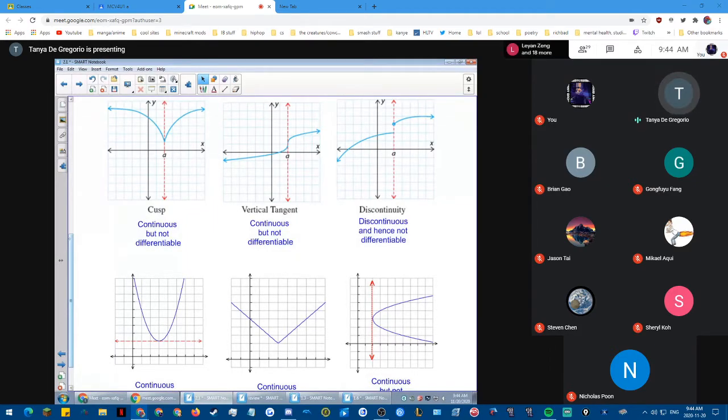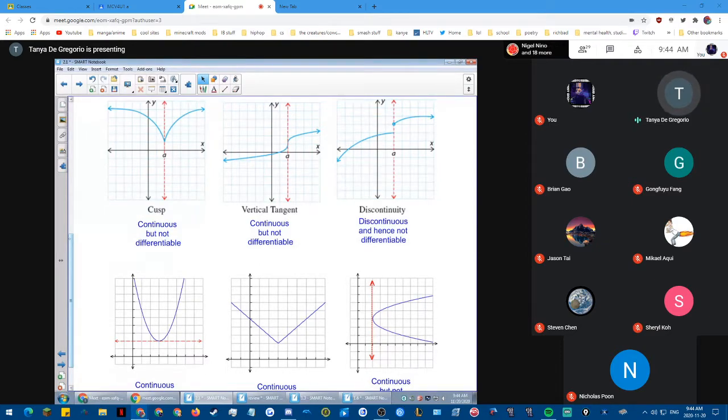And it's not differentiable there, but it is continuous. Here, a discontinuous point. Again, I can't have a tangent there. Okay? I can't have a defined tangent unless it's vertical, touching both of those points.